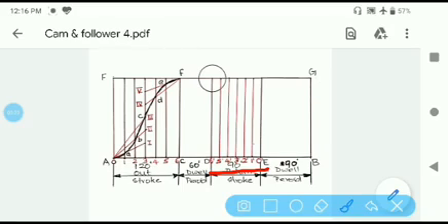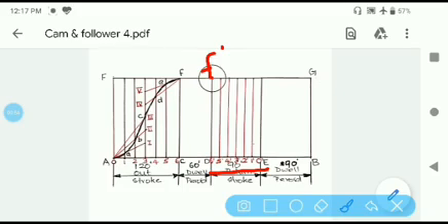Then we need to draw a circle, known as the rolling circle, at this particular point, which is F prime. This is the rolling circle whose perimeter will be equal to the stroke length.